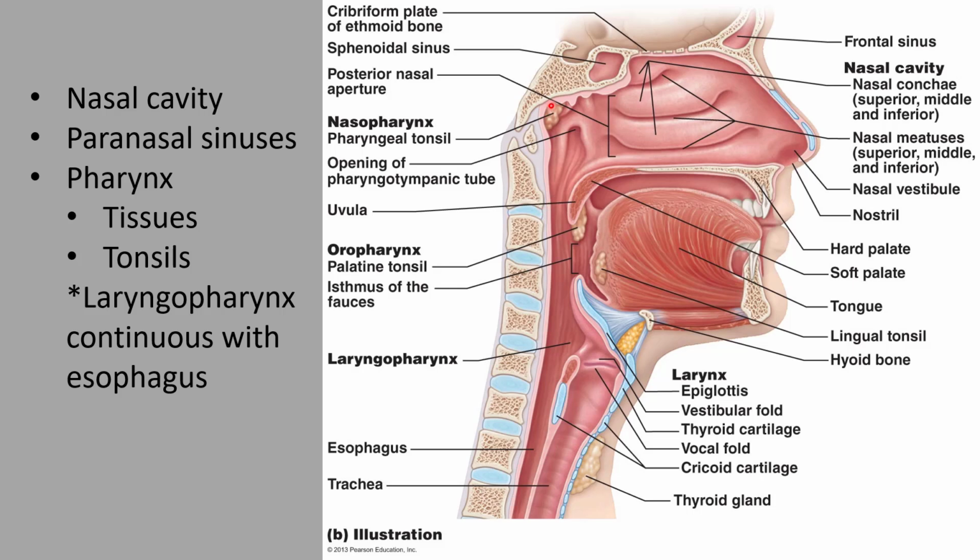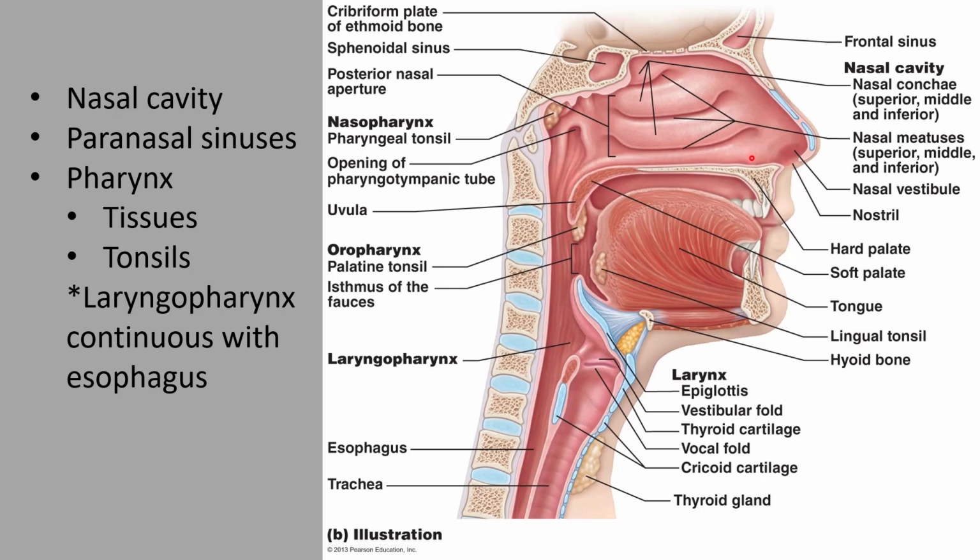Now, also, here in the very back of the nasal cavity, there's something called a pharyngeal tonsil. And tonsils, regardless of which tonsils we're talking about, because there are several, act as part of our lymphatic system and work with our immune system. They trap things that come into the body and allow our immune system to be exposed to it.